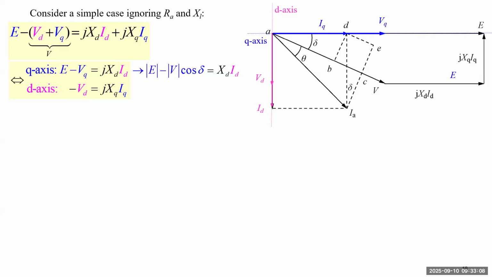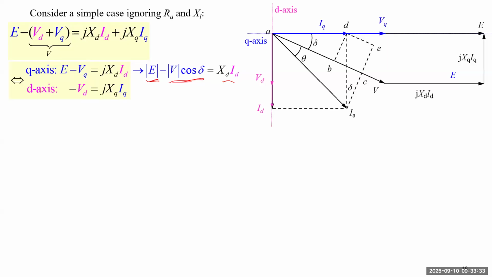Okay. Next, we can get the magnitude of each side of the equation. From the first equation in the Q axis, we have the RMS value E, minus the magnitude of the Q component of V, and on the right-hand side we just get rid of that imaginary unit.